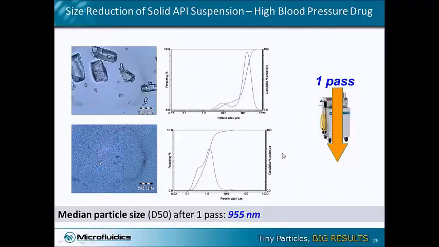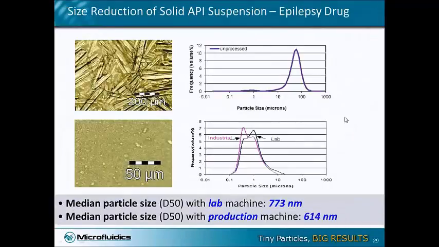Another example of API suspension, you can see from here, this is a needle-shaped crystals with initial size close to several tens or 100 microns. Again, showing here are results from a lab scale microfluidizer and industrial microfluidizer.